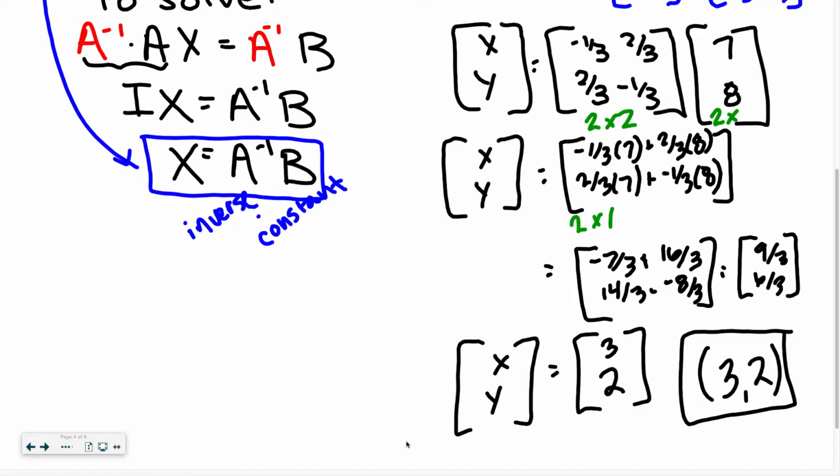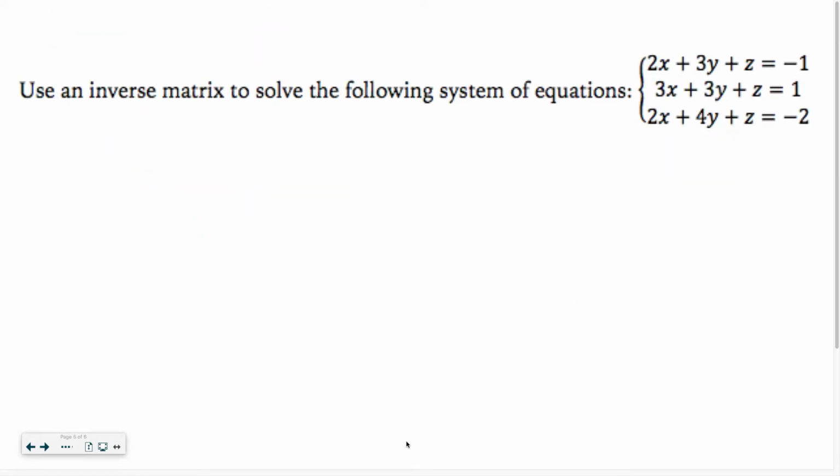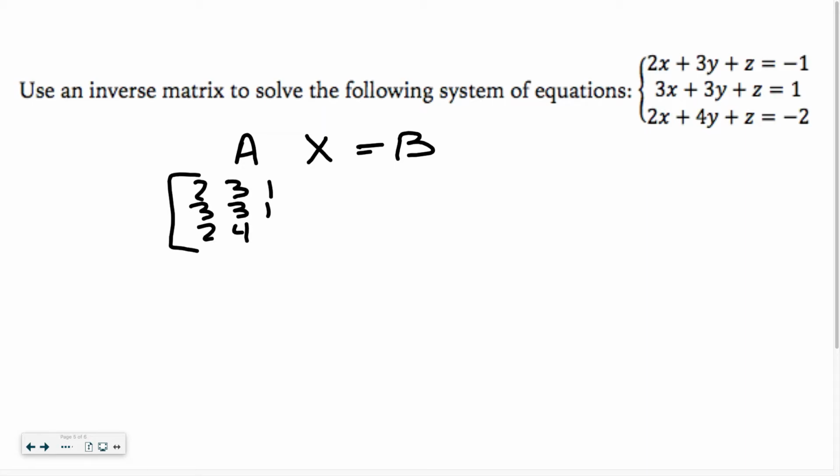Okay, last example is a 3-variable system. If it's 3 variables, then your coefficient matrix is going to be 3 by 3. So my matrix equation would look something like this: 2, 3, 1, 3, 3, 1, 2, 4, 1. My variable matrix would be x, y, z.